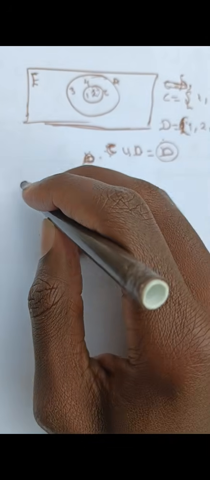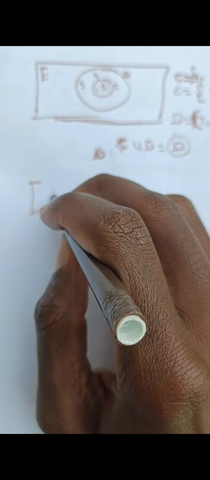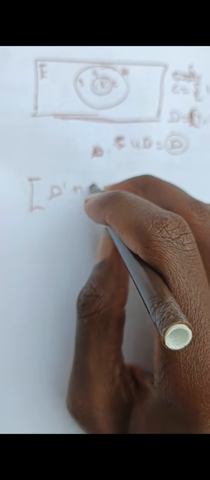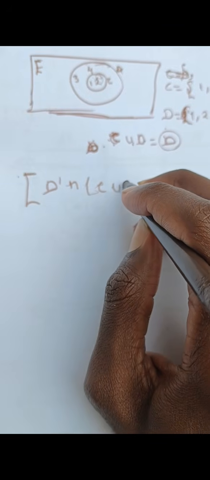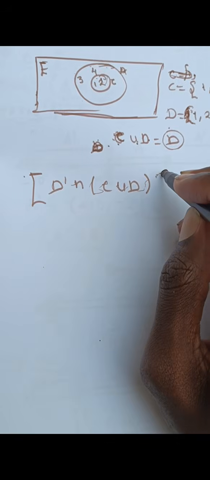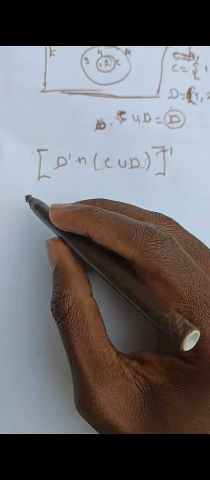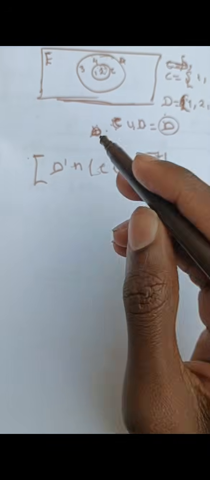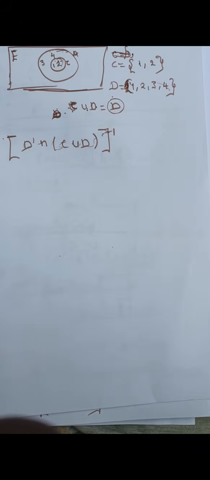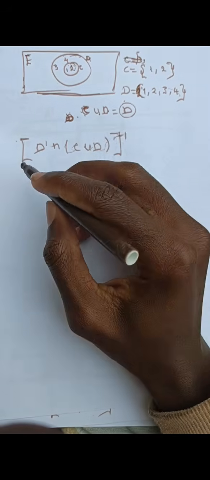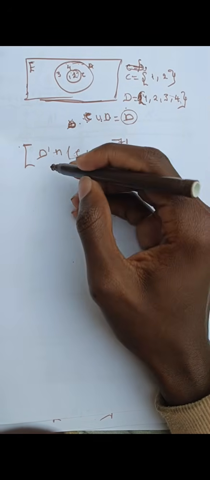Now let's simplify. What are we simplifying? We are simplifying D complement intersection C union D. Okay, so this is what we have.